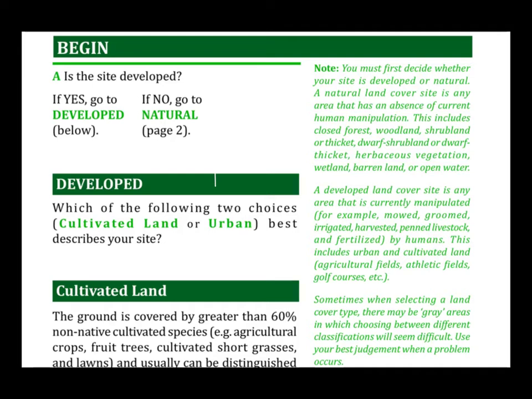It's going to be a key with two choices. This is just the first choice right here, where you have, is the site developed? Yes, developed, meaning that it's like houses are on it, or no, it's natural. And then you go to page 2 and so on. And so this is actually a key we're going to use to identify what type of forest we're studying.